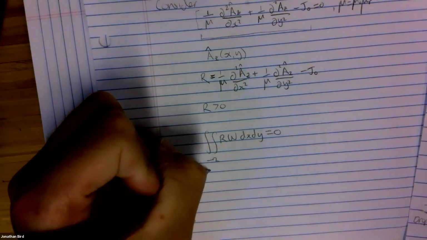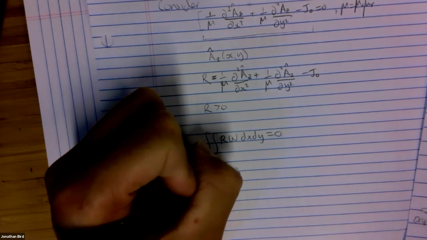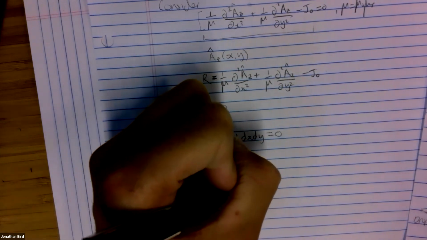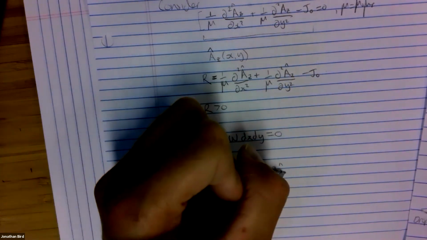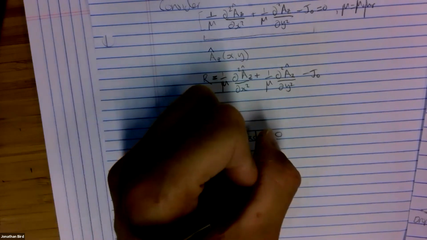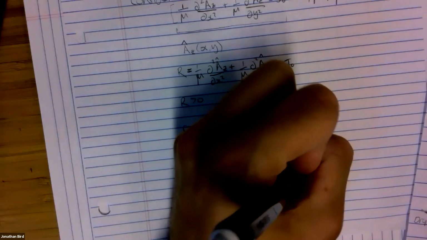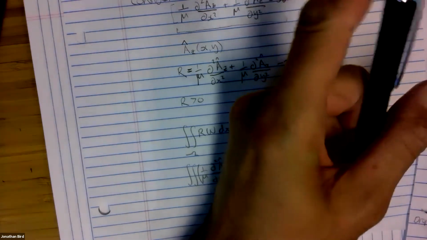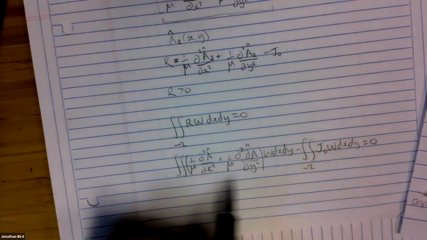And so then your problem boils down to solving a differential equation where you integrate it over the problem domain, and you use trial functions to solve. And you force this to equal 0. So this is the basis of the finite element method.